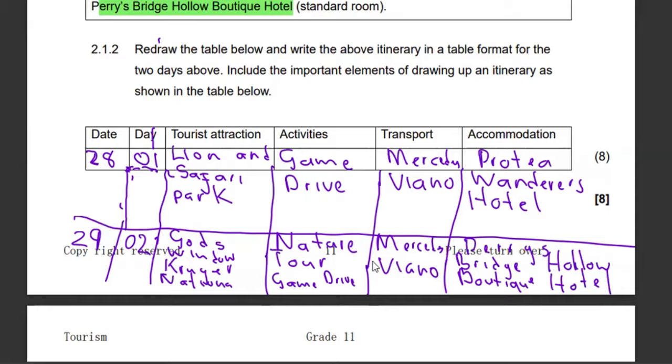Note that it is a 2-day itinerary. The tour starts on the 28th: Lion and Safari Park, game drive, Mercedes Viano, Protea Wanderers Hotel. Then on the 29th: God's Window, nature tour, game drive, Mercedes Viano, Paris Bridge Wolo Boutique Hotel.